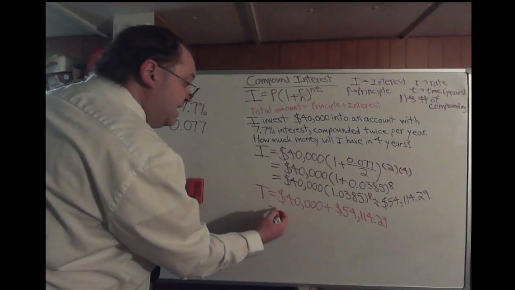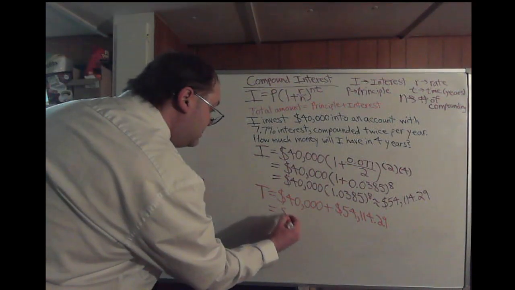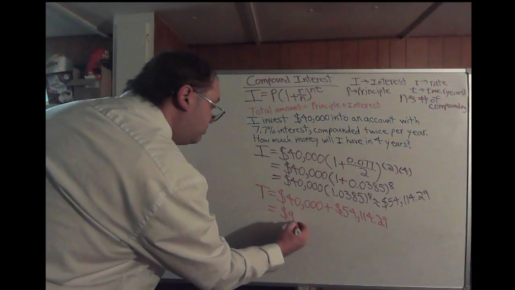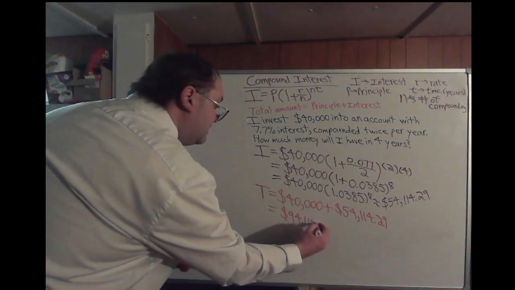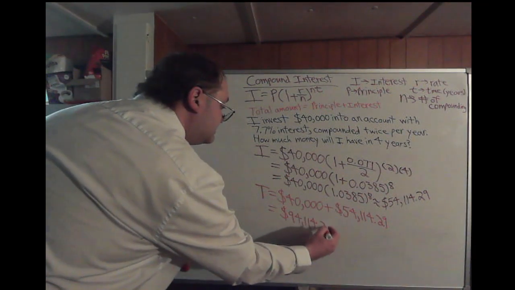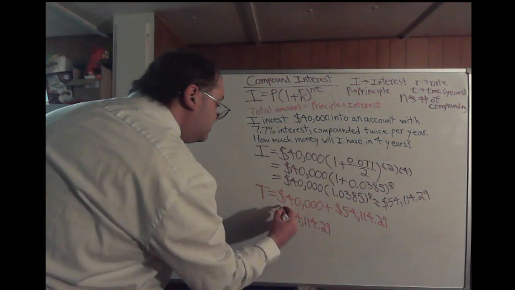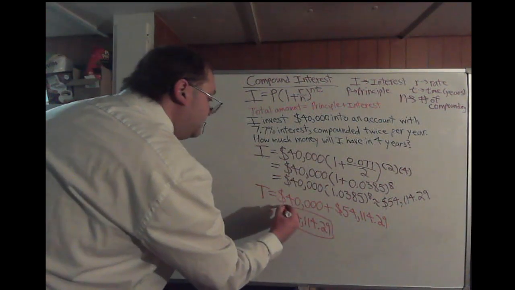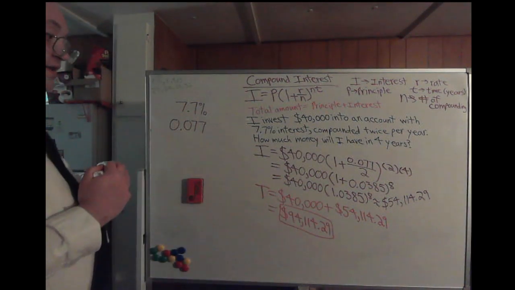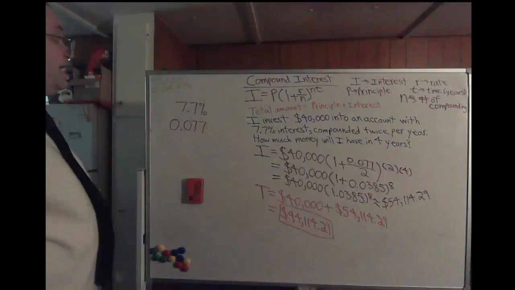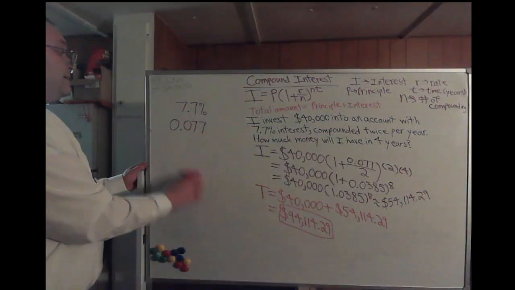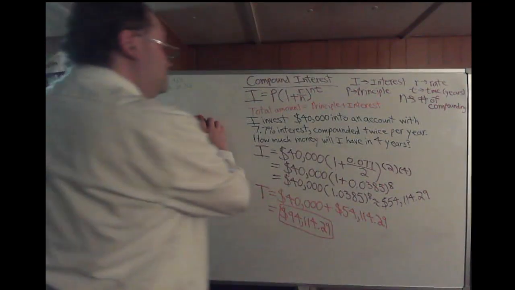So you add those two together. In 4 years, you'll have a total of $94,114.29. So you've more than doubled what you've made total in 4 years. That's quite impressive. All right, I got one more problem here. One more problem, and then we're done with the lesson.